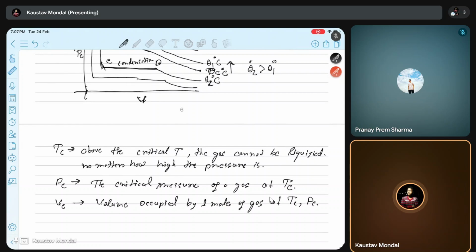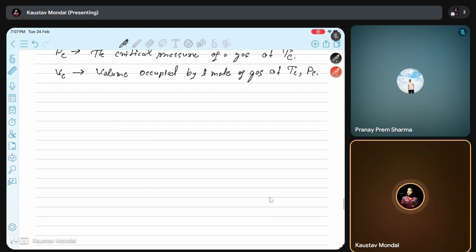Now to explain this behavior of real gases, Van der Waals stated a new equation of state for real gases. Compared to the ideal gas, he considers several additional things for real gases.